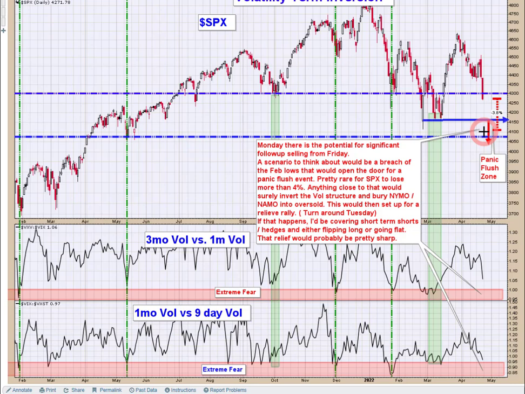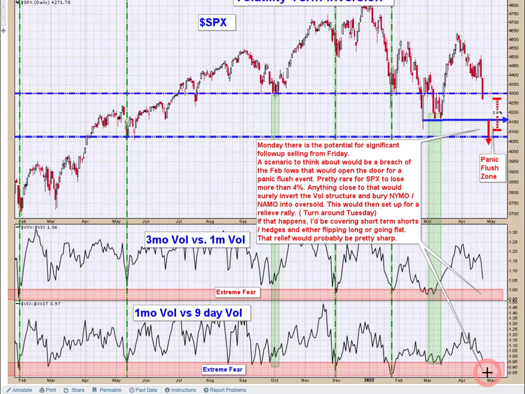All of those different metrics that I just showed you on the different segments of the market, small cap, mid cap, large cap, and NDX will be oversold. And you'll also have volatility term inversions here tomorrow afternoon if there's a big move down.